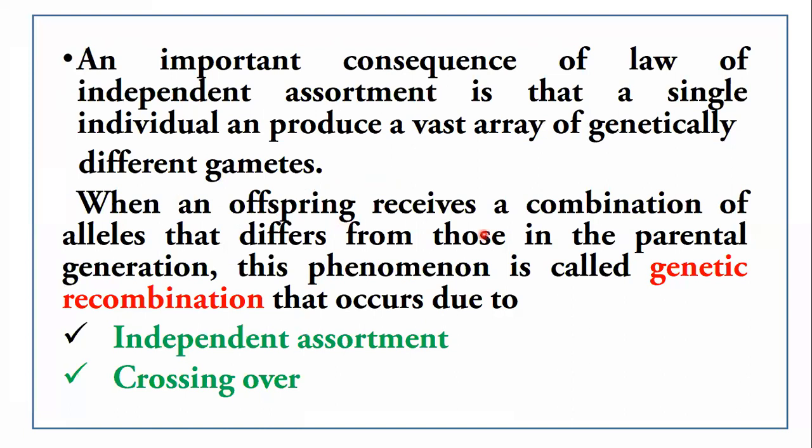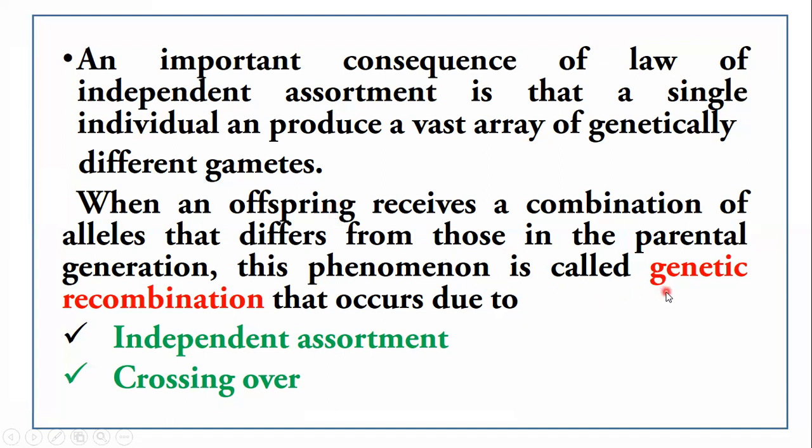When an offspring receives a combination of alleles that differs from those in the parental generation, this phenomenon is called genetic recombination, which occurs due to independent assortment or crossing over. As I have discussed previously, we have observed different offspring in the F2 generation, and these offspring show non-parental phenotypes.